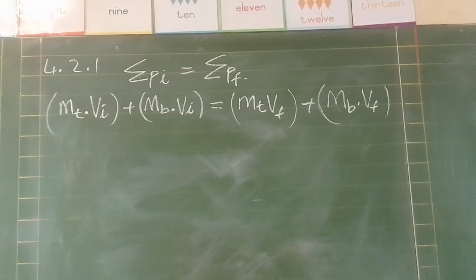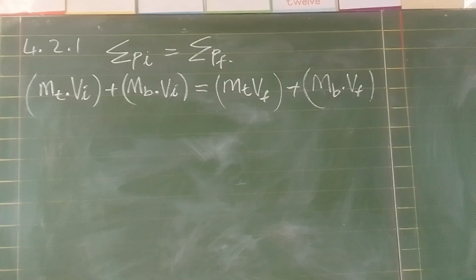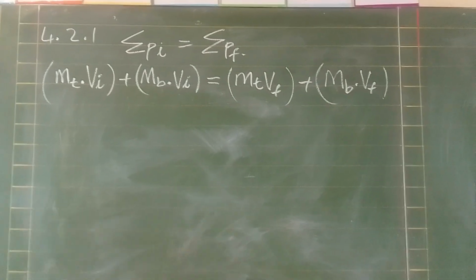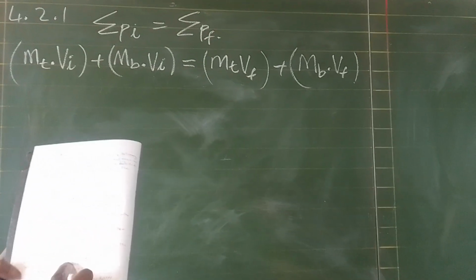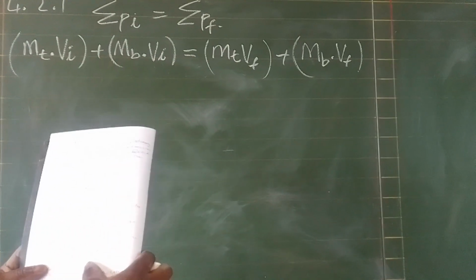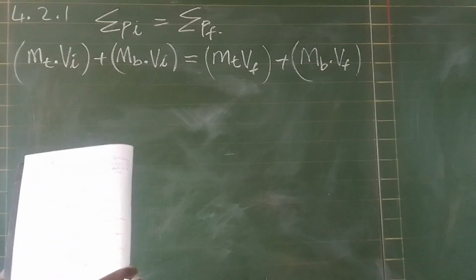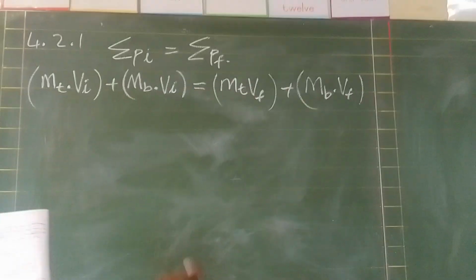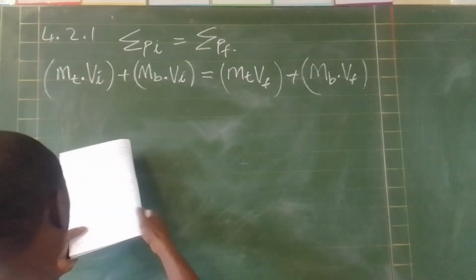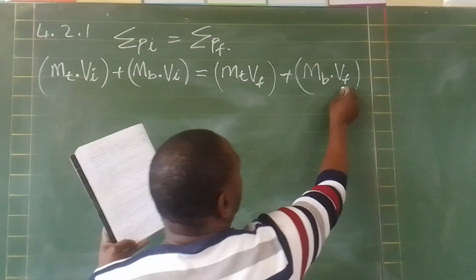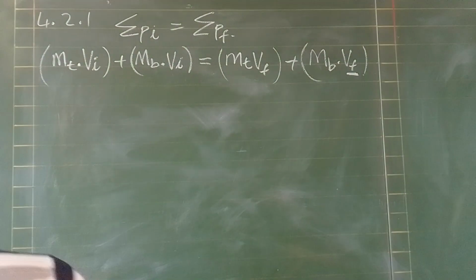Now the question says calculate the magnitude of the velocity of the block immediately after collision. This is what we are required to calculate.